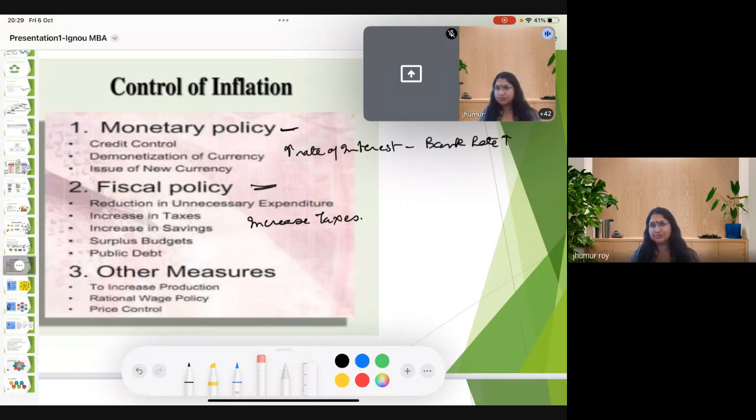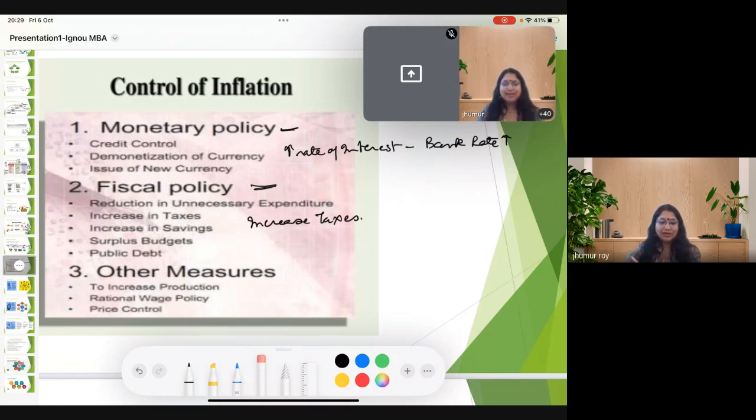It is not determined according to the inflationary condition. If it was according to inflation, then we will all be happy, we'll not have to bother. But we need to bother because rate of interest is determined by the banking system, and it will not increase as your inflation increases. So generally there is a problem.